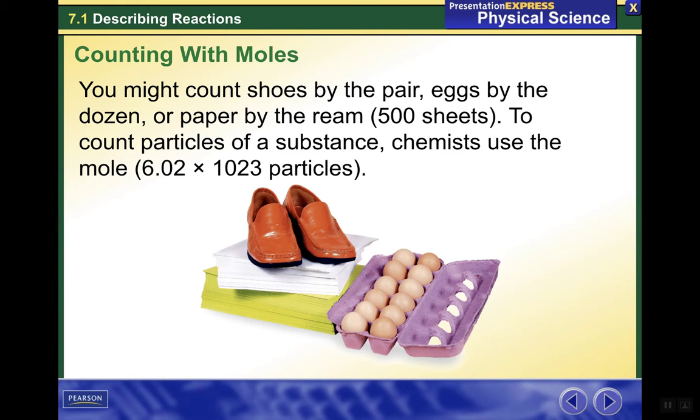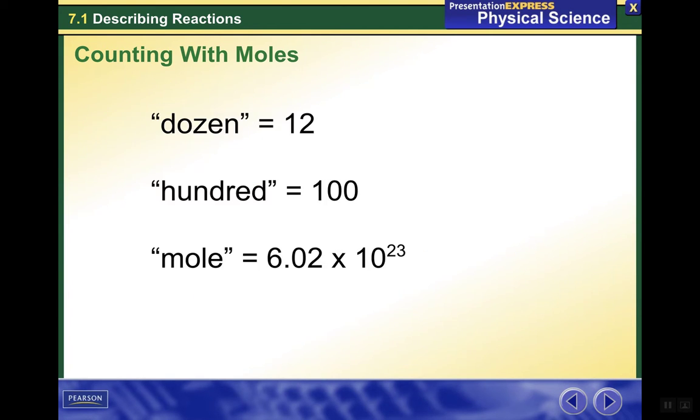A ream of paper is 500 sheets. 100 is 100. So think of it as that same type of measurement. Okay? So a dozen is 12, 100 is 100, and a mole is 6.02 times 10 to the 23rd number of things.